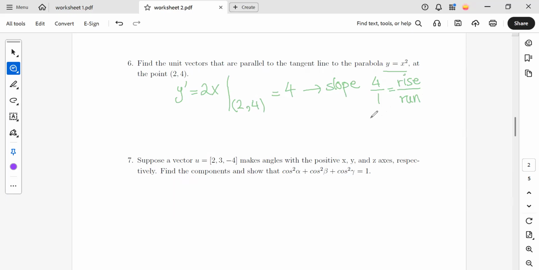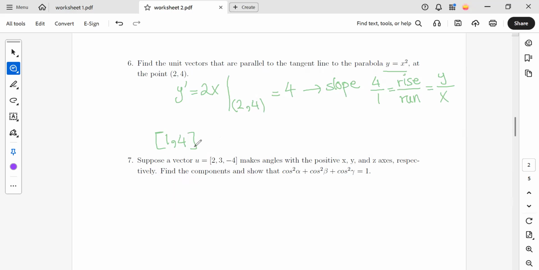It means that a parallel vector to the slope of 4, which can be 4 over 1, are two numbers. When you divide y value over x value, you get 4. So the simplest one is 1 and 4. But you can pick 2 and 8, also 3 and 12, because if you divide y value by x value, that would be 4. So let's pick the easiest one.